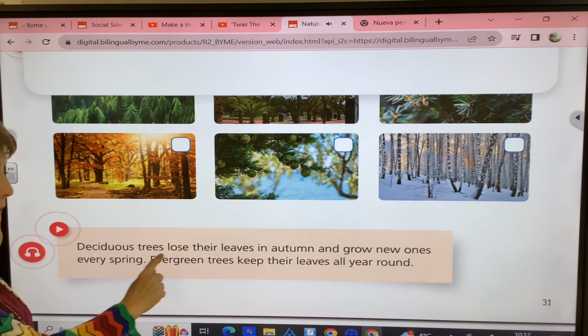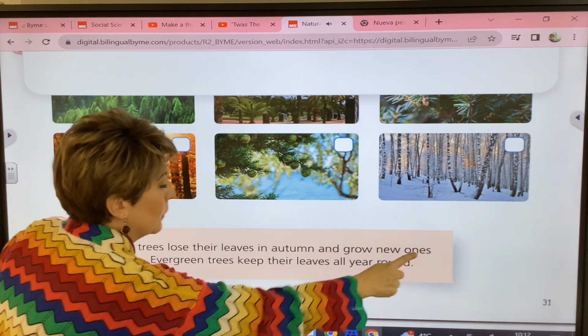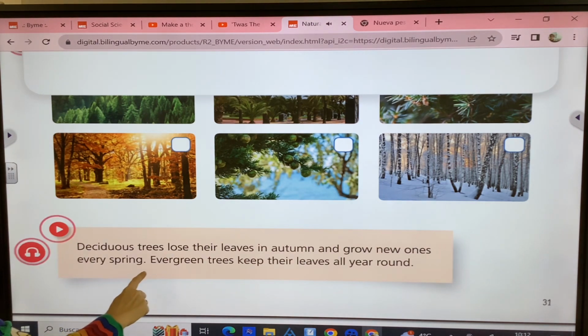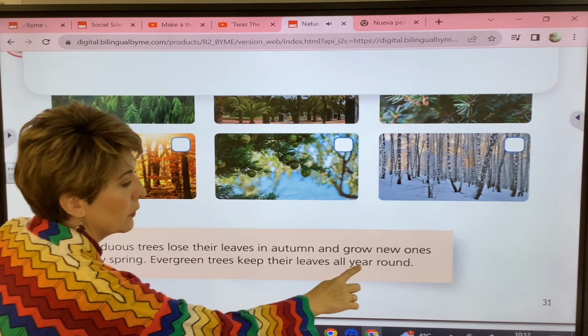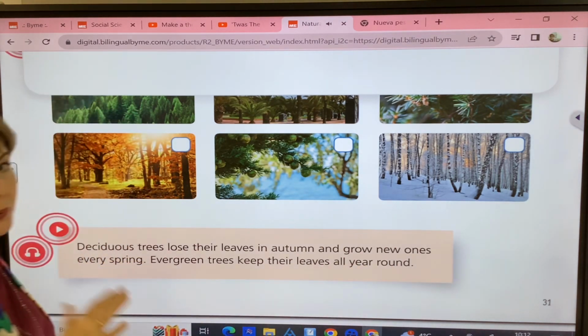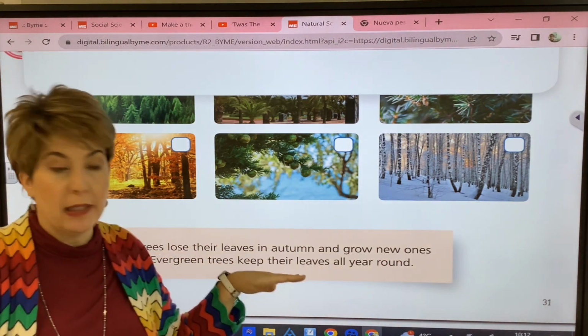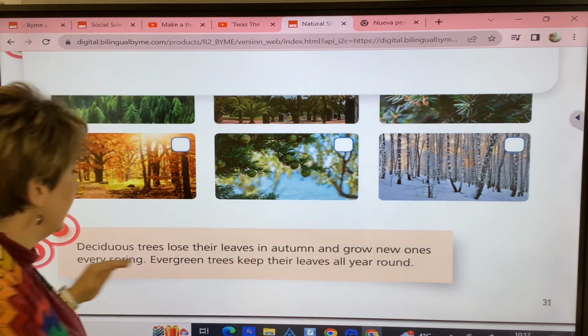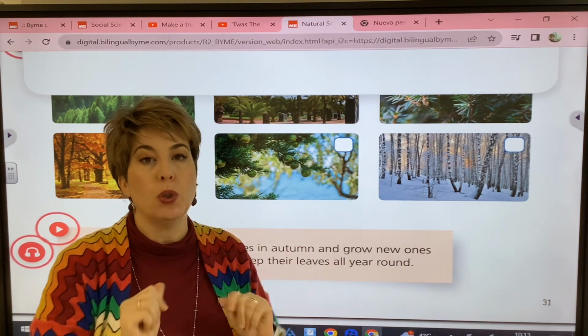Deciduous trees lose their leaves in autumn and grow new ones every spring. Evergreen trees keep their leaves all year round. Okay, so I think it's super clear. Deciduous trees lose their leaves in autumn, and evergreen trees keep their leaves, so they don't lose their leaves.